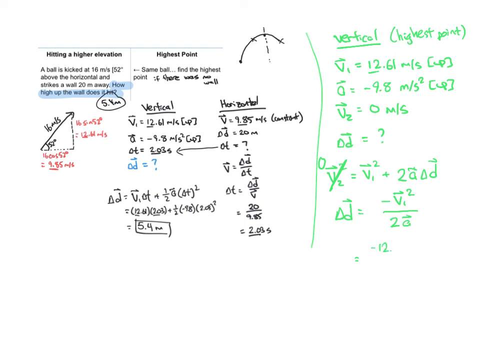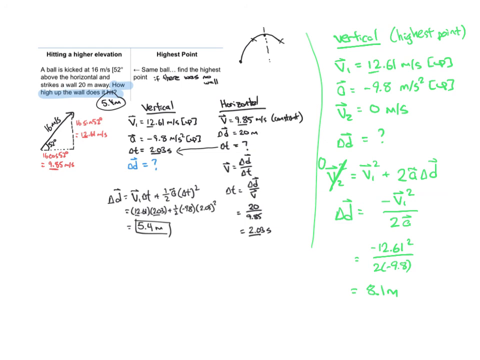Fill in the values. It's going to be the 2 sig figs because of 9.8 there. Got a negative in the numerator, a negative in the denominator, so it's going to be a positive answer, which is good because this is the highest point. It should be a positive number here. So I'm getting 8.1 meters.